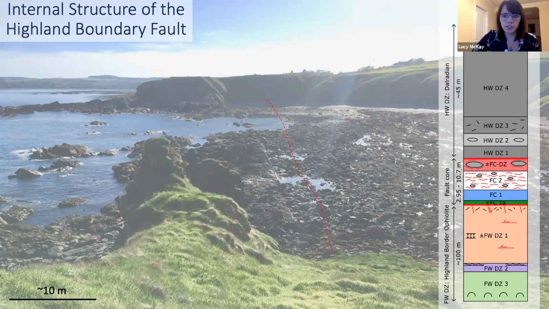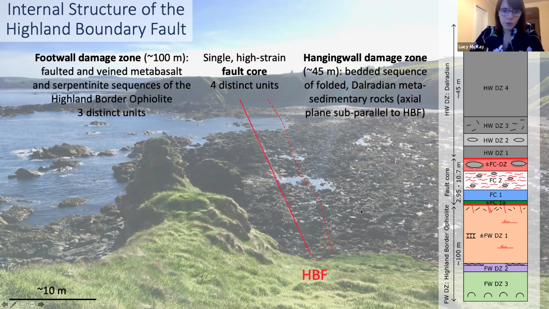After digging and exposing the fault at several different localities, we revealed a remarkable sequence through this ancient plate boundary, shown in this log here. At all localities, we found that the fault consists of a single fault core strand bound by damage zones of contrasting lithology. To the south, you've got the Highland Border ophiolite, and to the north, you've got the Dalradian.